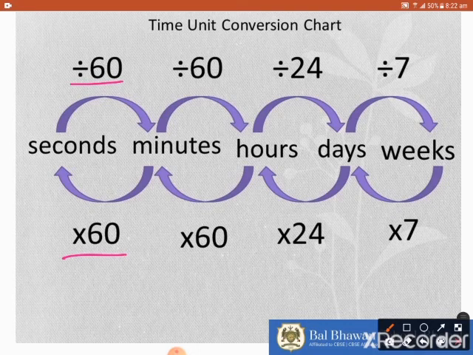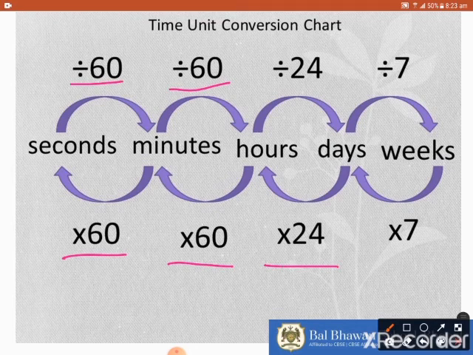Now if you have to convert hours into minutes, you will multiply by 60. But if you have to convert minutes into hours, you will divide by 60 because hour is a greater unit as compared to minute. If you have to convert days into hours, you will multiply by 24 because one day has 24 hours.